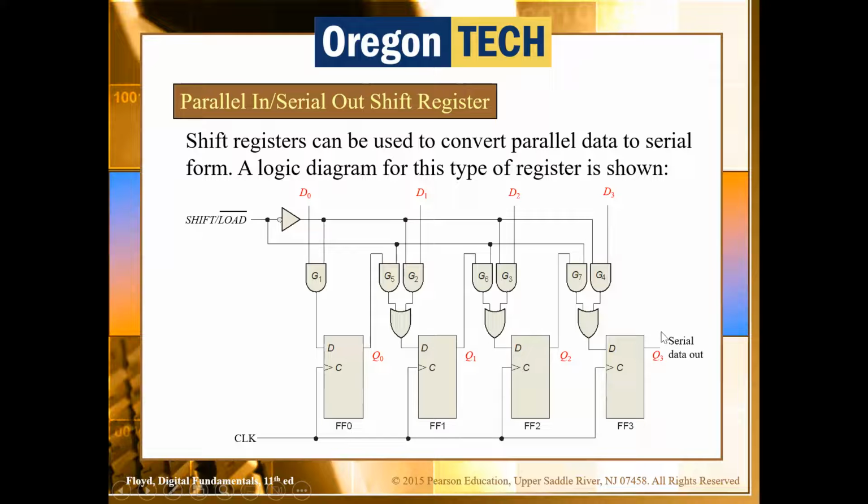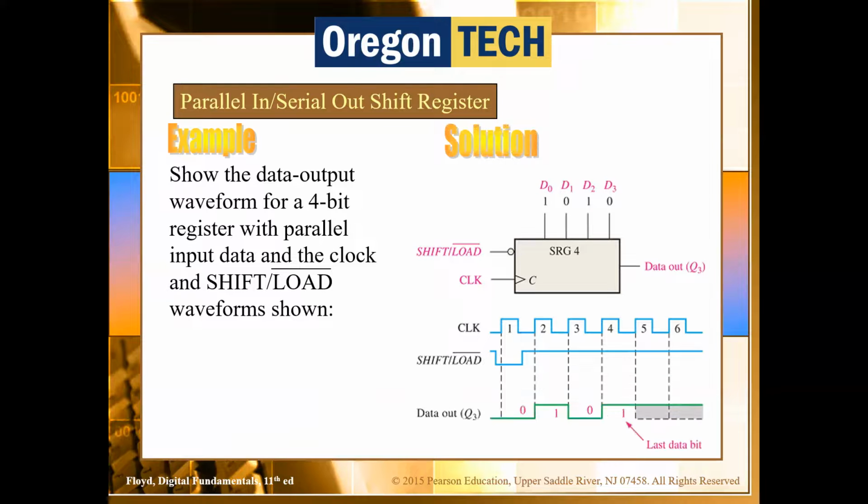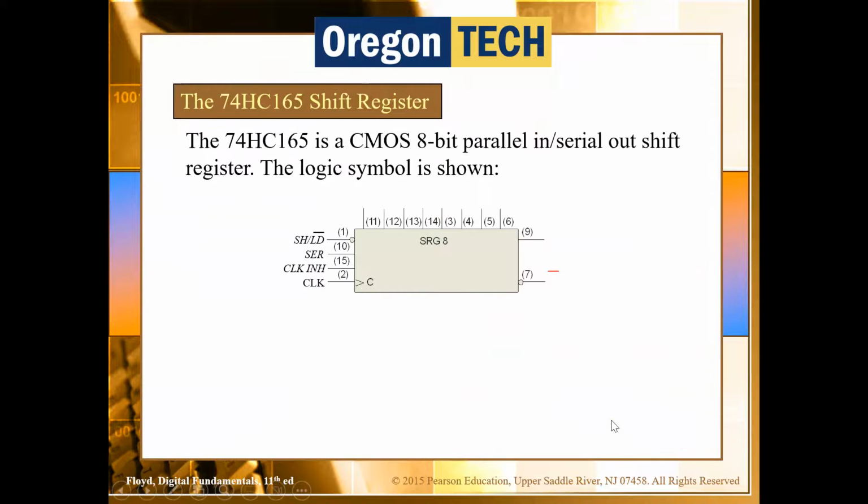Last clock, I get D0. So I loaded the 4 bits, then I'm getting out one by one. This is parallel in, serial out. This is an example of parallel in, serial out. The 4 bits were loaded, and I'm getting them one by one.